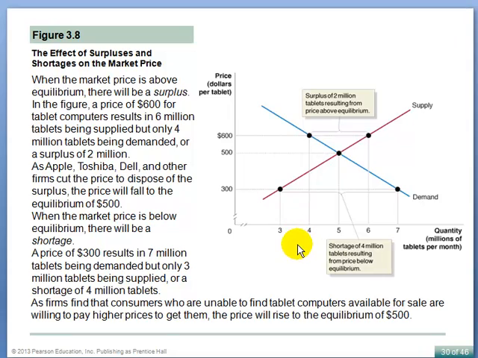So that adjustment will reduce the shortage. But as long as the price is below $500, there will be a shortage, and the upward pressure on the price will continue. Only when the price has risen to $500 will the market be in equilibrium again.